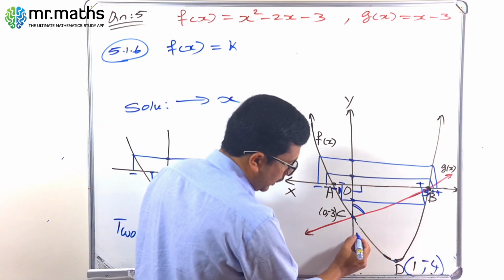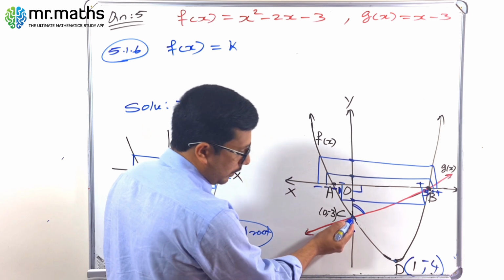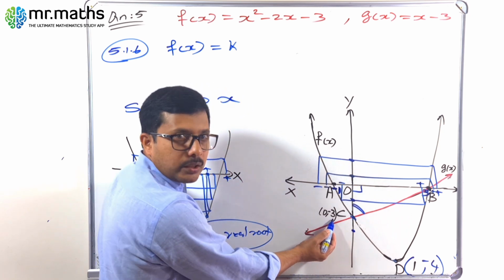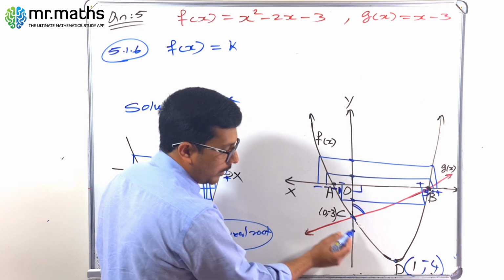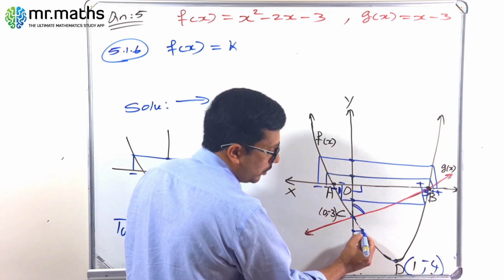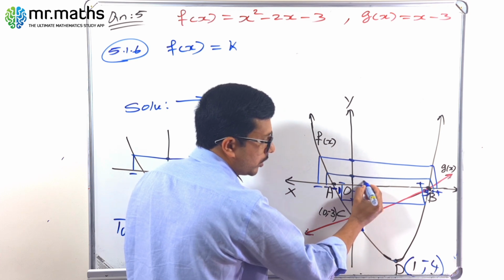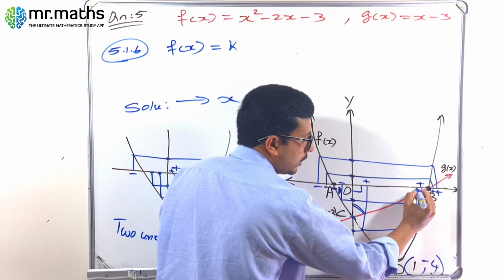But if I take a k value here, then what is the y value here? -3. Don't forget that. I am going to take a y value after that -3. Then look at this one. I got an x value here or a solution here. What is that solution? Positive. I got another x value here. What is that one?